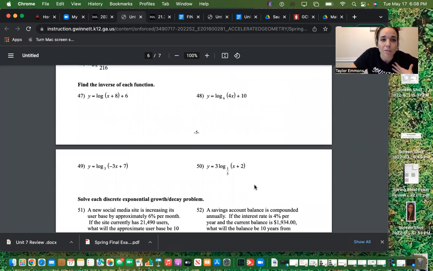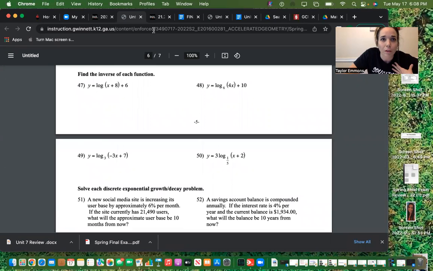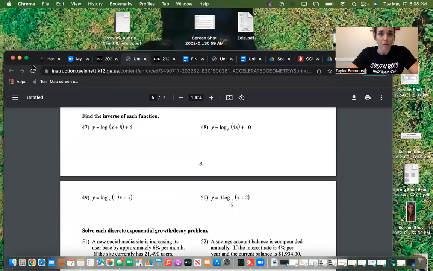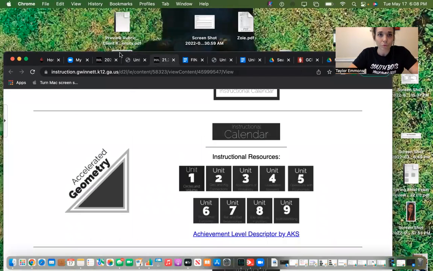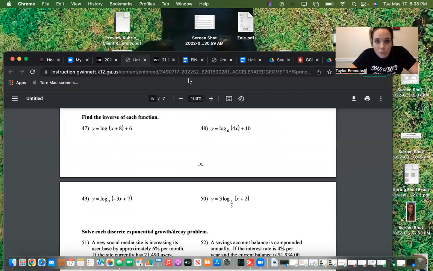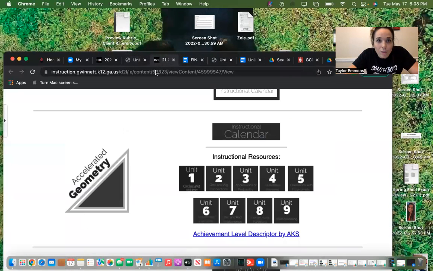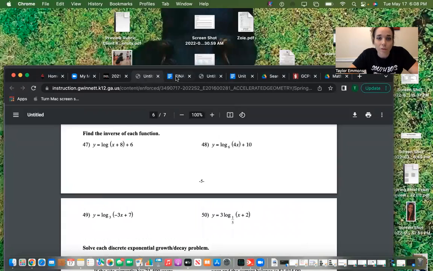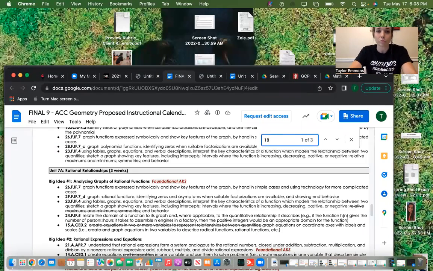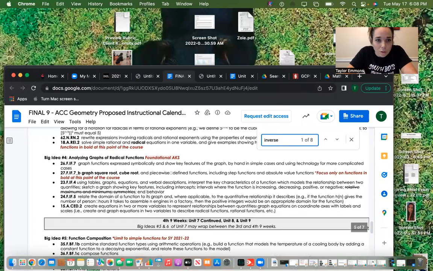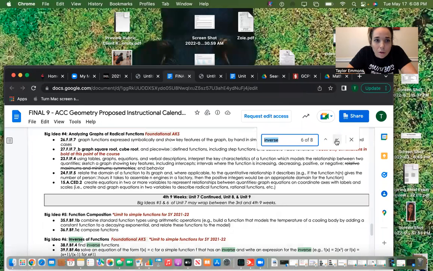We talked about inverses with y'all, right? Okay, so inverse functions is going to be on there.